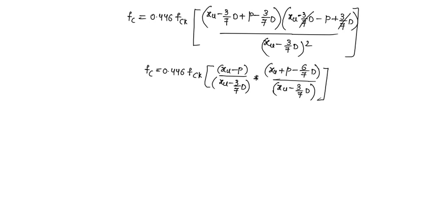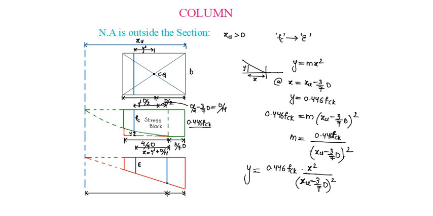In the strain diagram, let us say epsilon is the strain at the level of our section. Consider this will be epsilon minimum, this is epsilon maximum, and at the fulcrum the strain will be 0.002. This distance is xu minus 3/7 of d, this is 3/7 of d.